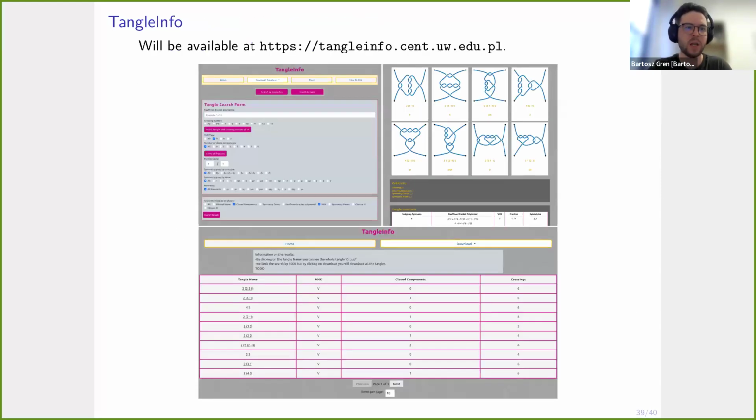So now I'm nearly ending. We created a web page server called Tangle Info, where you will be able to transform your tangle into a canonical representation and check its symmetry type and look at all tangles from its orbit, and also to filter your tangles based on symmetry or fraction if you wish.